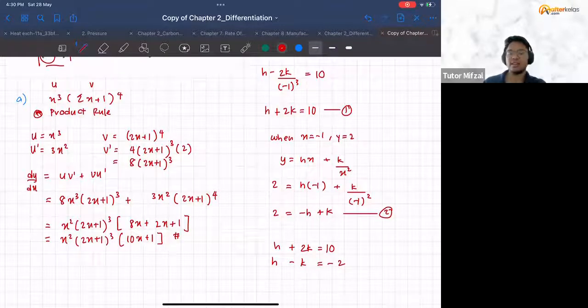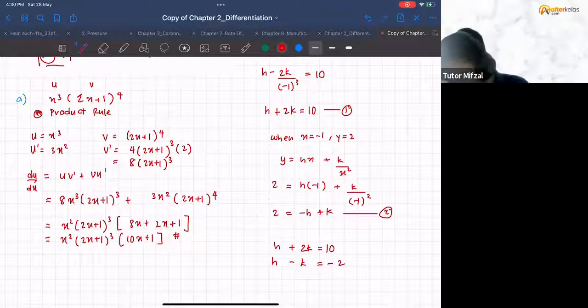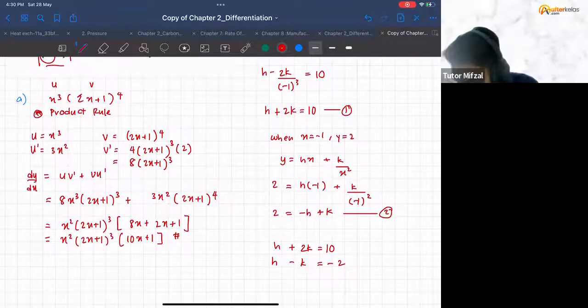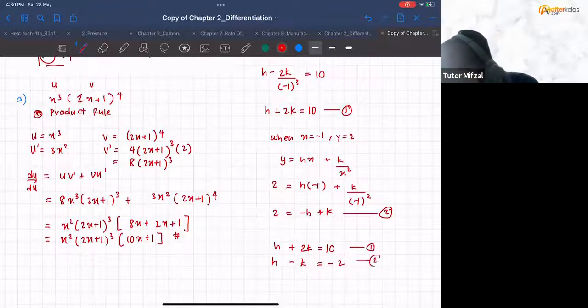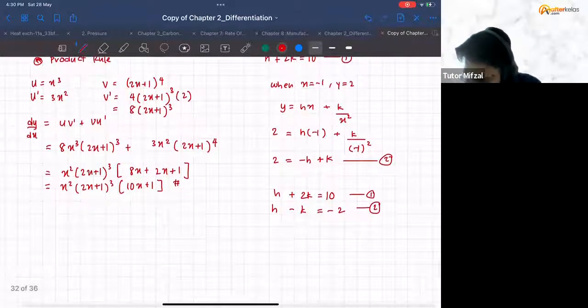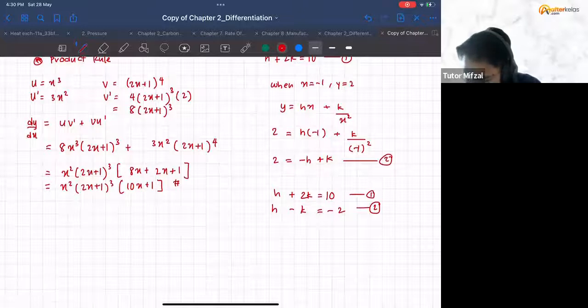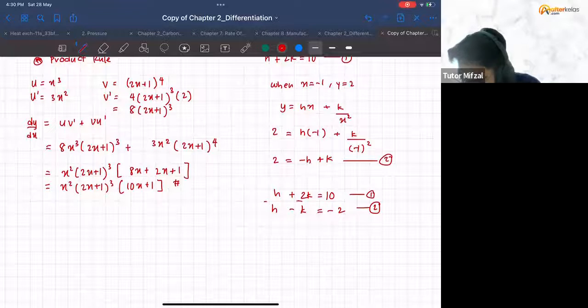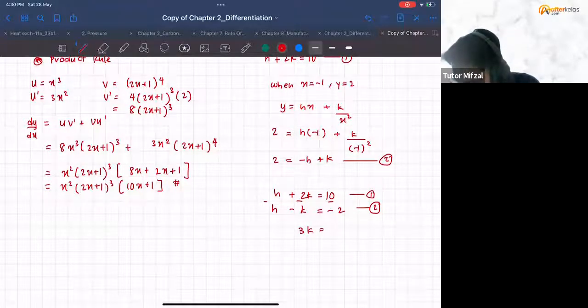I just move everything, so I get h minus k equivalent to -2. Then we can do subtraction. Okay, so elimination. Alright, h minus h, and 2k minus negative k is 2k plus k, which is 3k. 10 plus 2 is 12.